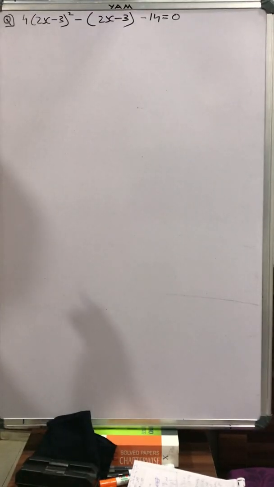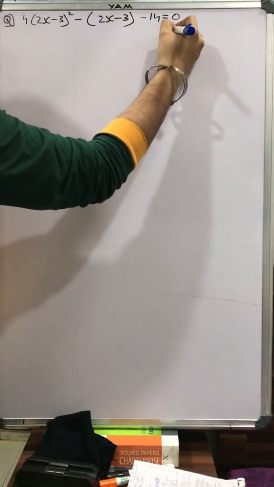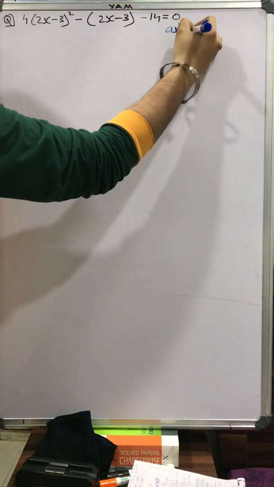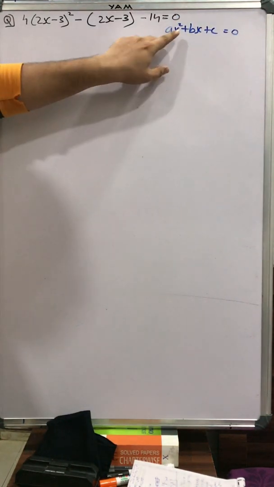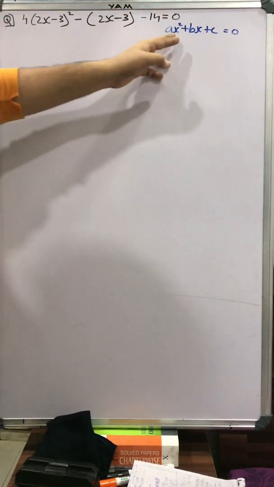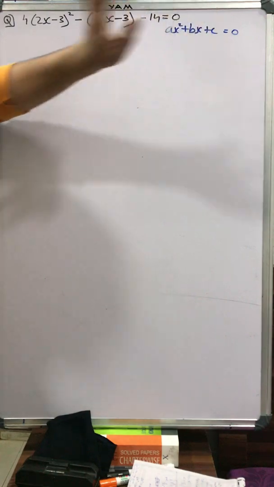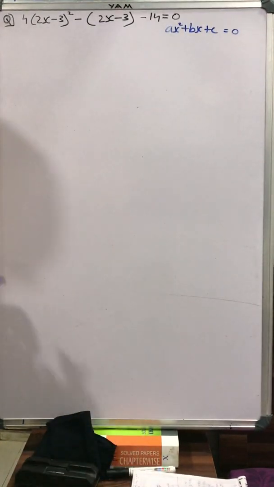Normally our quadratic equation is in the form of ax square plus bx plus c is equal to 0. This is a normal format. Your variable is x, so at the x we have a square, then we have something with x and then a constant term. But here if we closely observe, what is the difference?